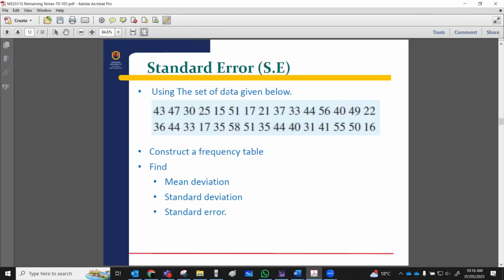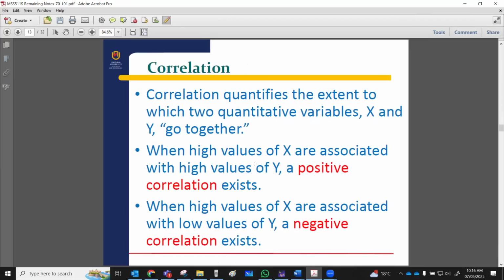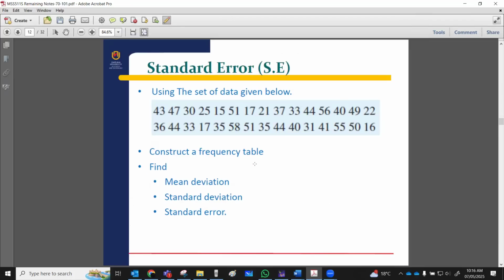Now here, we're given this data over here. And of course, this can be a good exercise for you to do. I'll just give you the answers so that you can see if what you are doing is in fact correct.